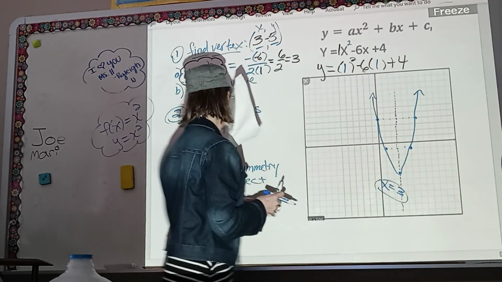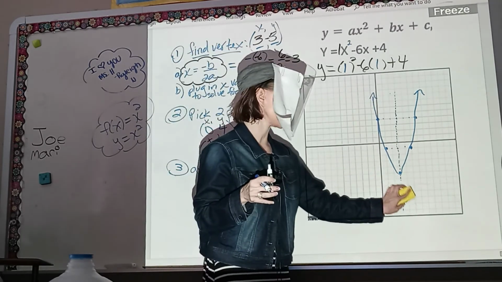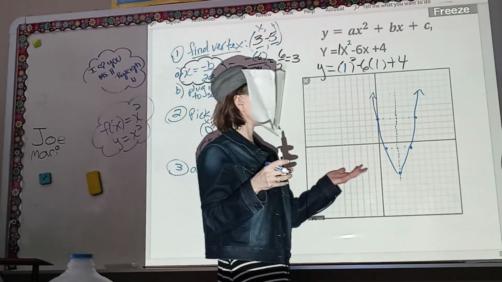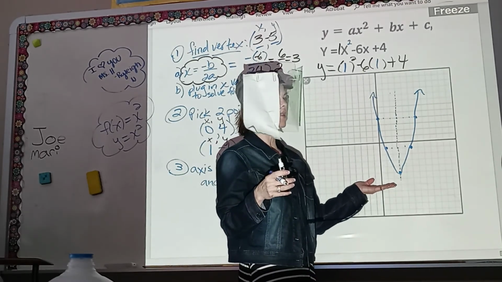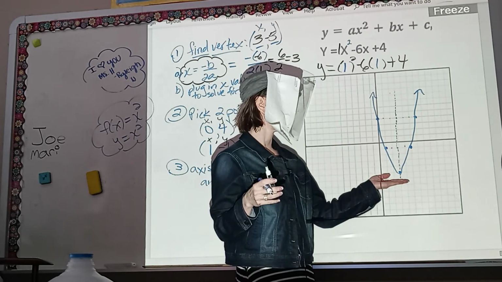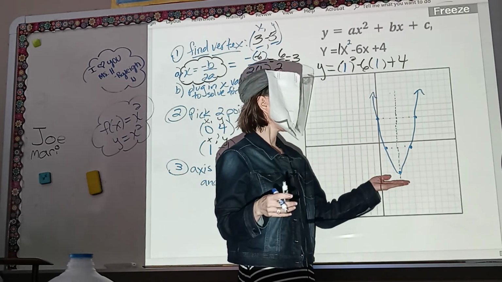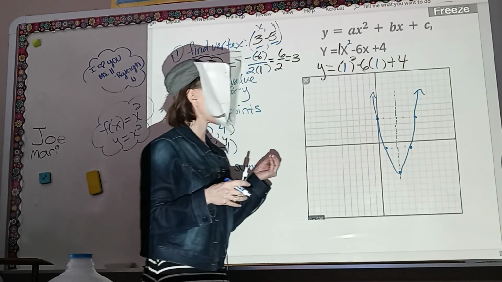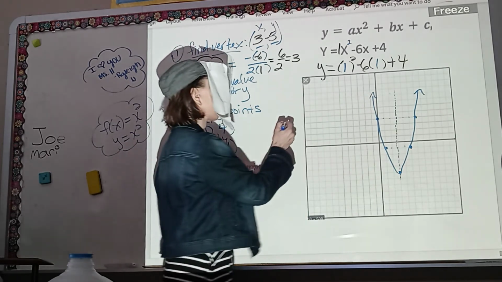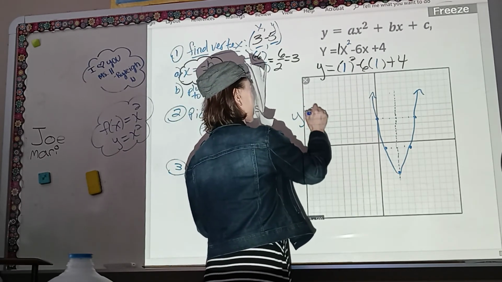And now you're able to answer a bunch of questions, right? This has a positive a value because it's a smiley face. Is this a maximum or a minimum? Minimum. And there's one thing that I need to also add to this. Everybody write y-intercept.